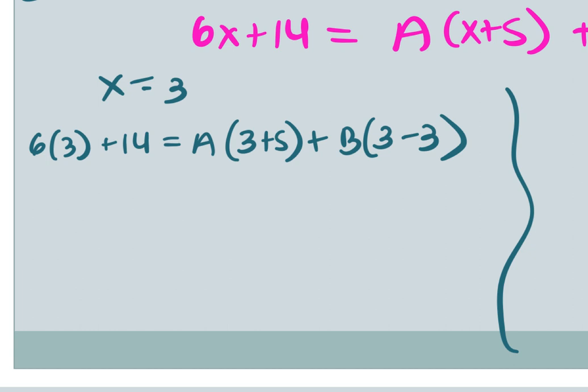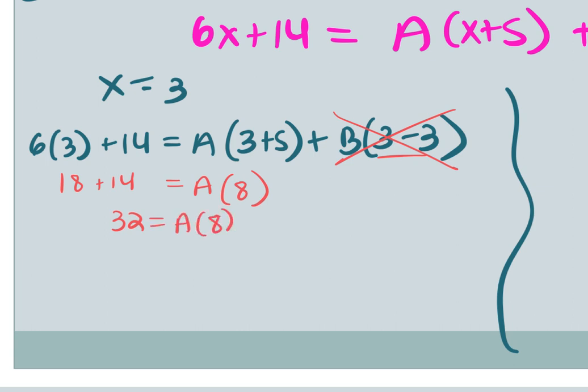So if I look, 3 minus 3 is 0. This guy is gone. 0 times B would go away. So then I'd get 18 plus 14 equals A times 8. I get 32 equals A times 8. And A equals 4.